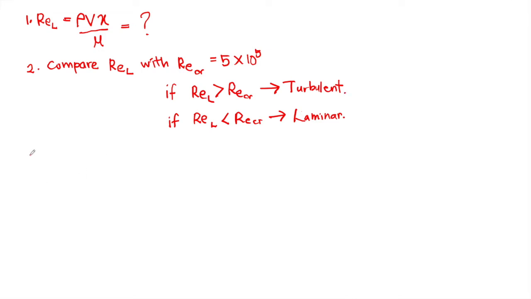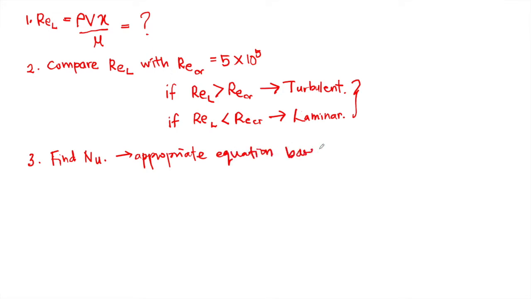Next, once you have determined the type of flow, you will use the specific equation from the local Nusselt number equations, and then you will find the Nusselt number by using the appropriate equation based on step 2.